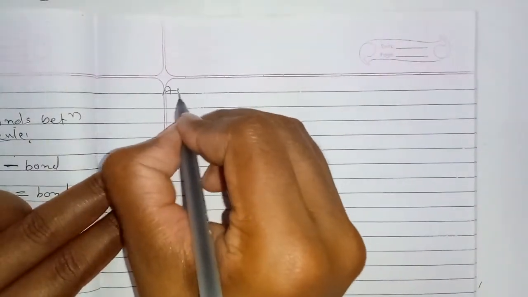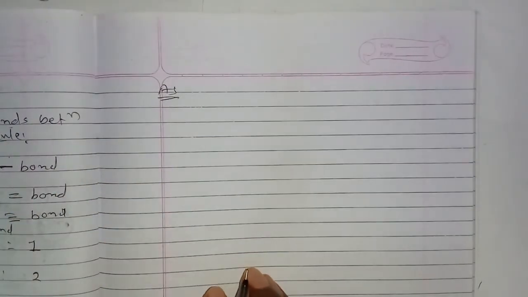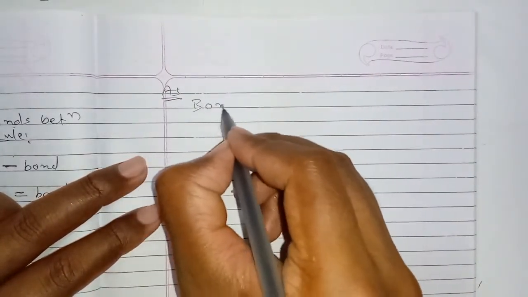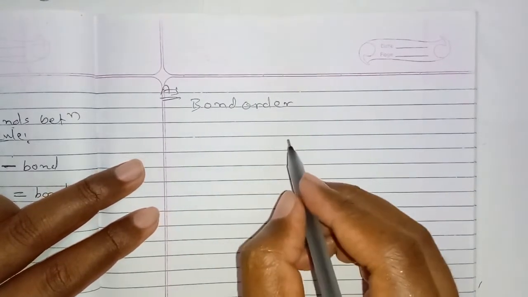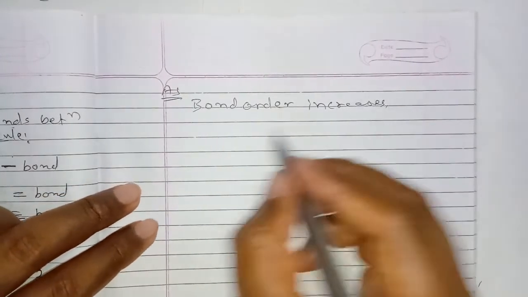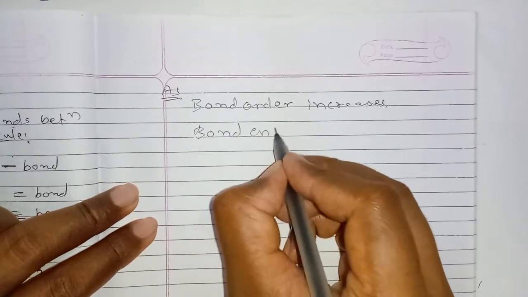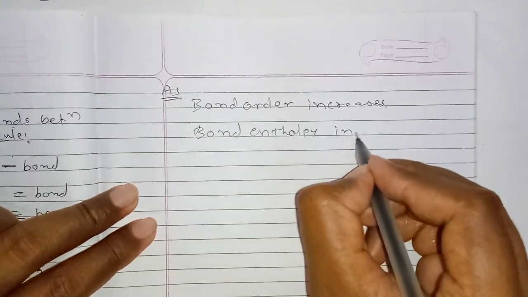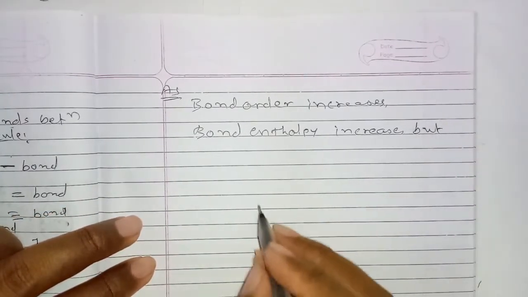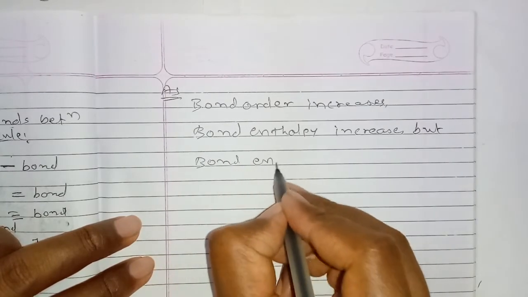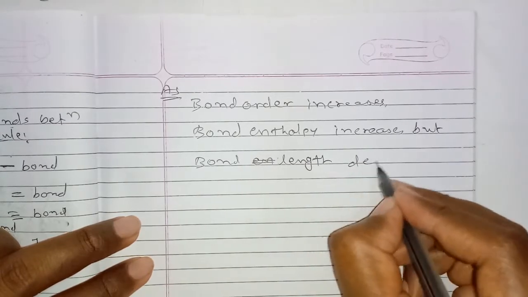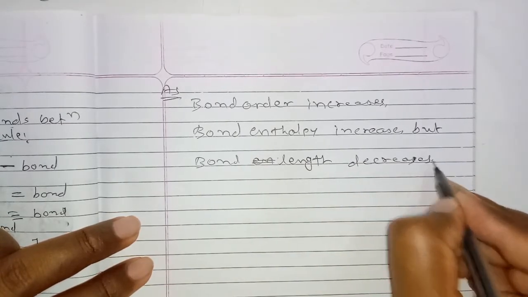And the last, which is very important from an examination aspect: as the bond order increases, bond enthalpy increases, but bond length decreases.